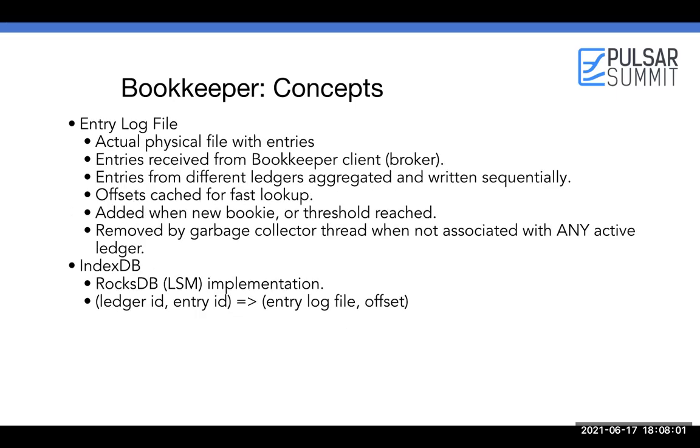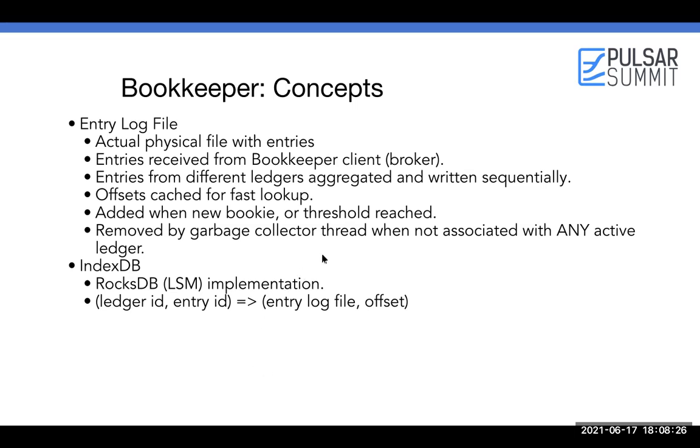Entry log file is actually your physical file where entries reside. These entries could be coming from different Bookkeeper clients. So your brokers in this ecosystem now are your Bookkeeper clients. So different broker nodes could be writing, and these entry files will contain entries from different broker nodes.